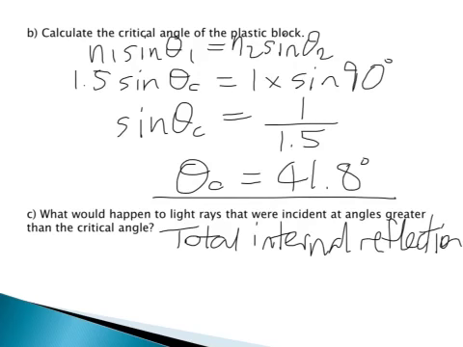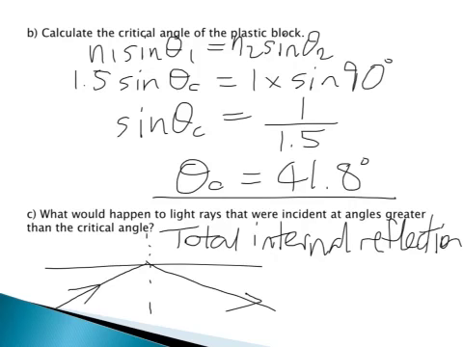In other words, if this is the boundary and this is the normal line, if we are greater than that particular angle, light will come in and simply rebound at the interface. You'll get no light going out into the air at all. And this, of course, is very useful for things like fiber optic cables used in communications and endoscopes used in medicine.